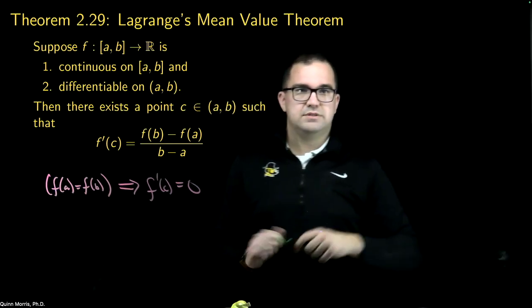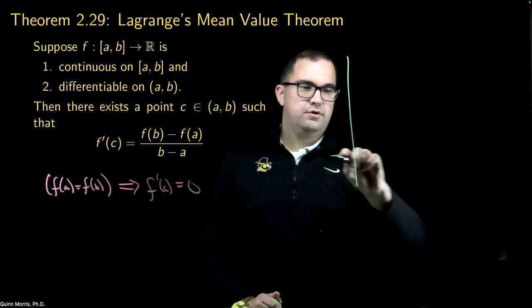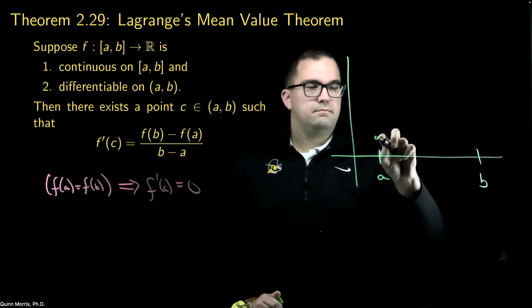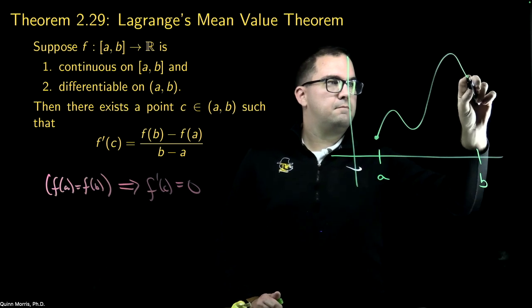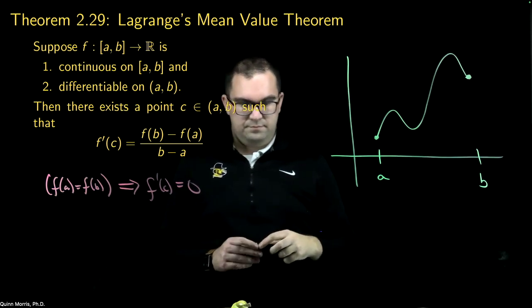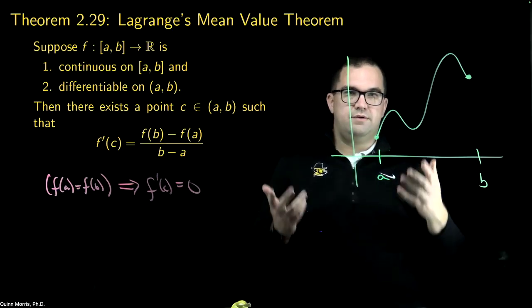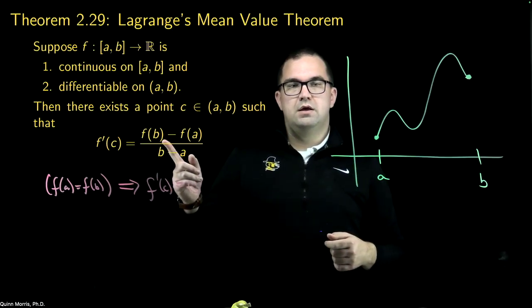Now, visually, what's going on here, the standard picture we would draw in a calculus course. Okay. So here's a function that's continuous on the closed interval, differentiable in the open interval.